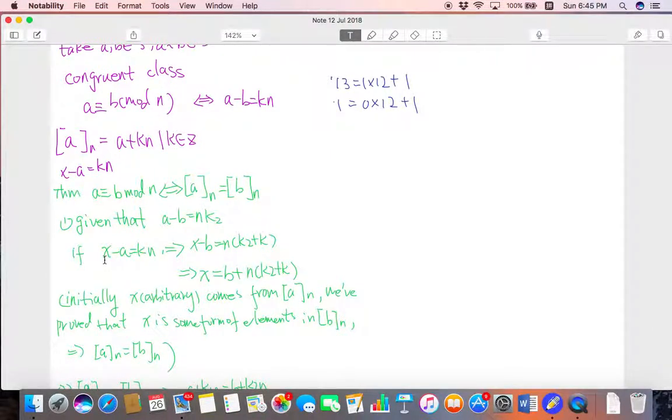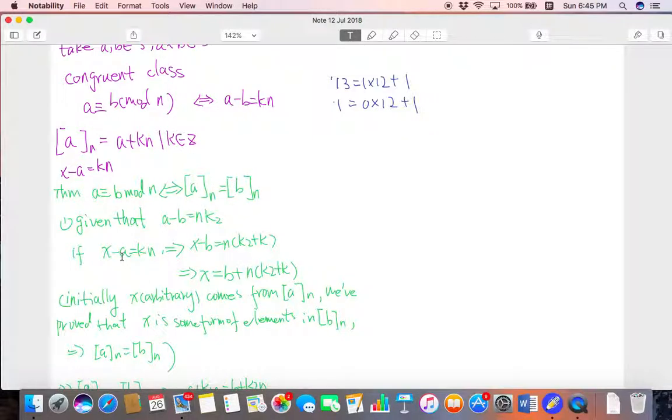And it follows with a theorem. A is congruent to B modulo n if and only if the congruent class of A modulo n is equal to the congruent class of B modulo n.